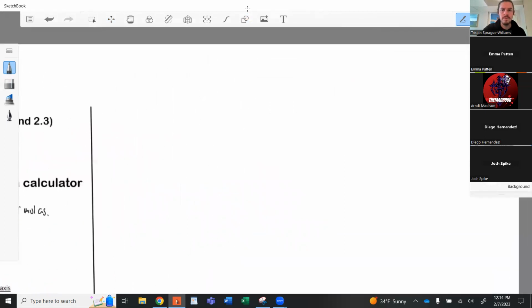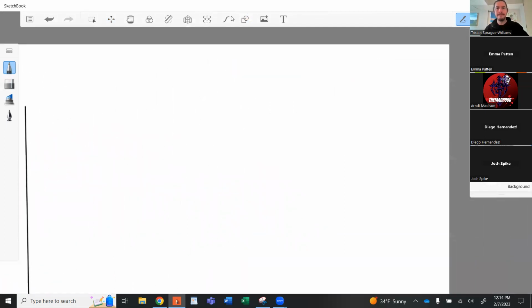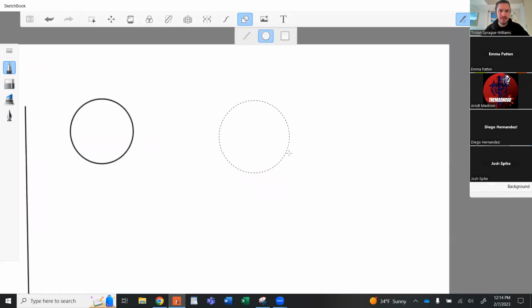Right. So this example comes from the idea that one common shape you get from a solid of revolution is like a donut.